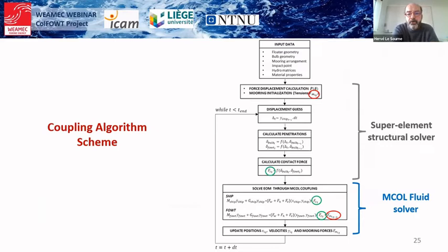And mCol solves the equation of motion at the center of gravity of both the ship and the wind turbine by considering the water-added mass, hydrostatic restraining forces, as well as wave radiation and drag damping forces. And the new position and rotation of the center of gravity of the ship and the wind turbine are transferred back to the superelement solver for the next time step.